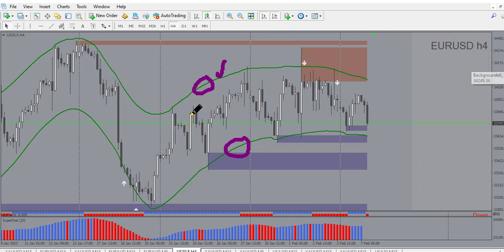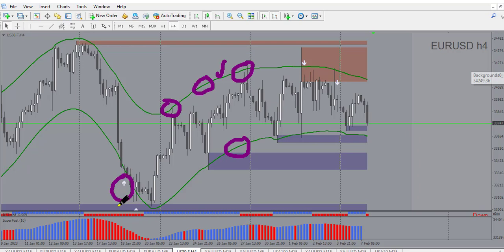Once the candle touches the upper band, this is the first signal you should look out for. After you see this signal generated, the candle touching the upper band, make sure the arrow is present. We have an arrow here, and once you have that arrow, that's condition number 2 met.